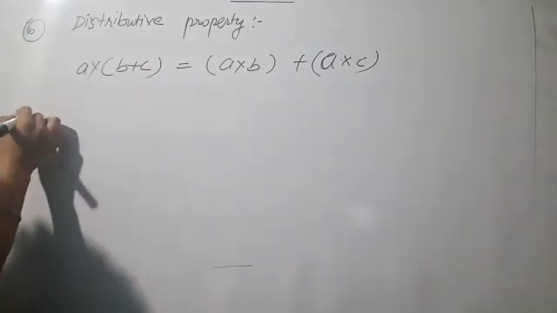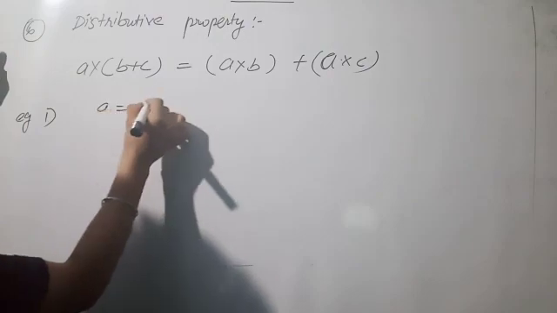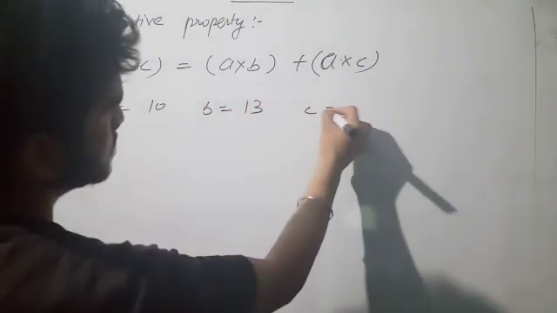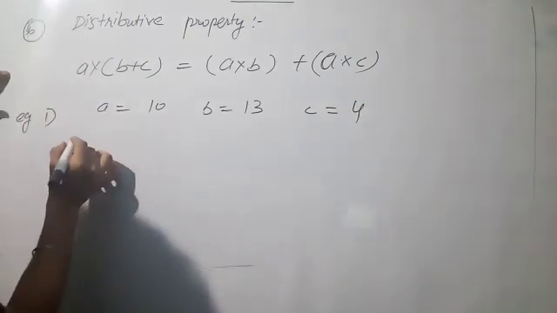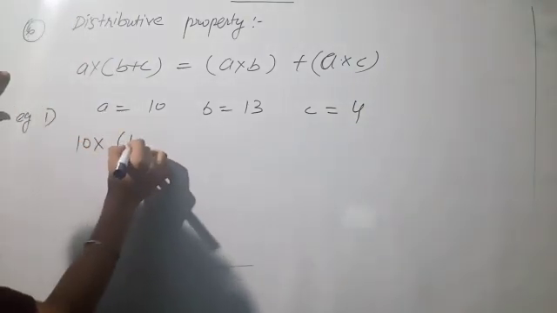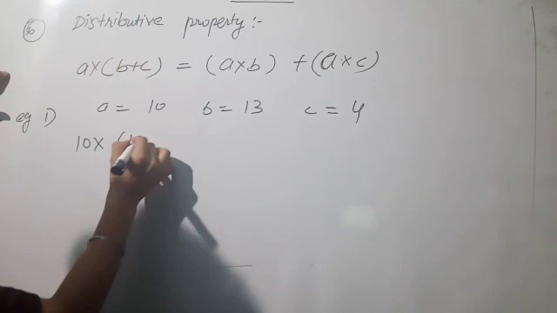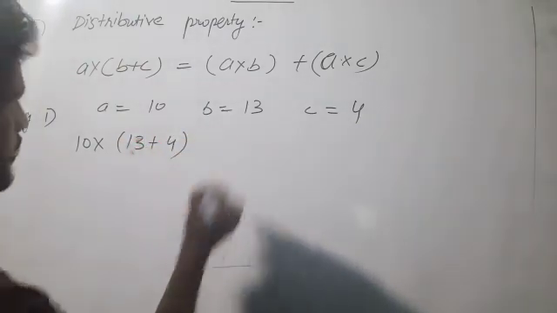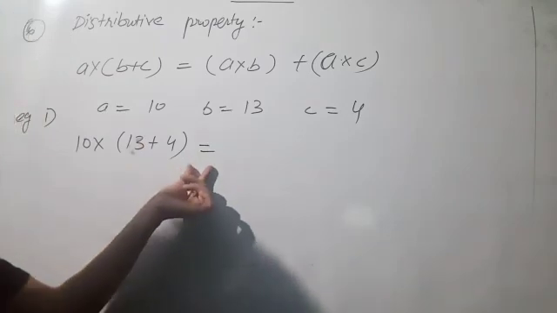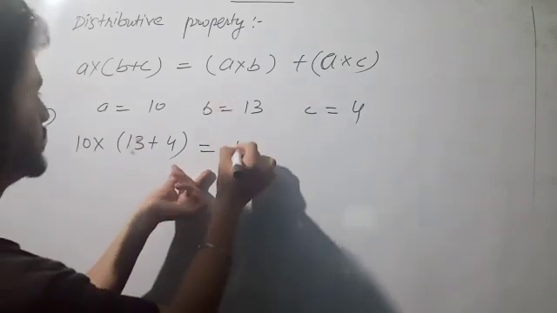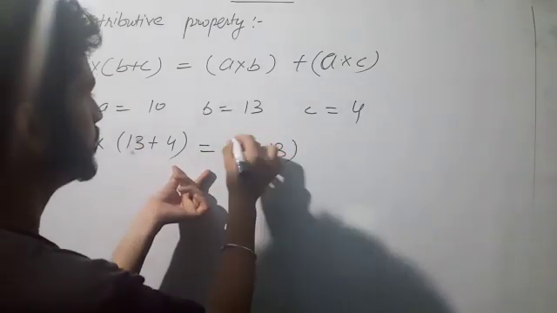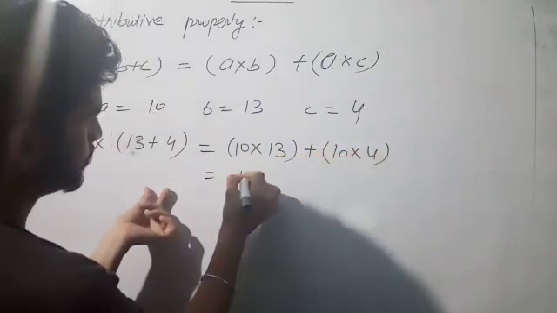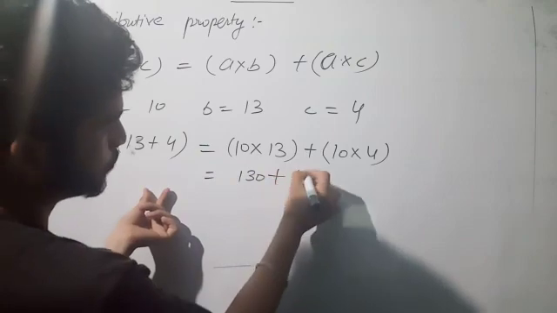Let us take an example, A equal to 10, B 13, C 4. So we have to multiply 10 into 13 plus 4. In the right hand side, 10 into 13 plus 10 into 4. 10 into 13 is 130, plus 10 into 4, 40.